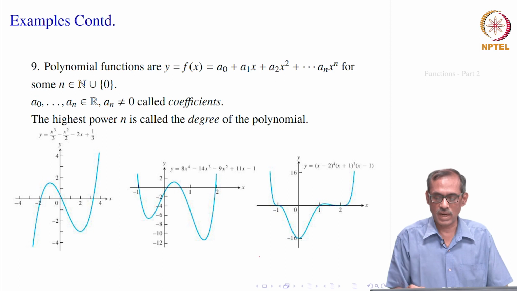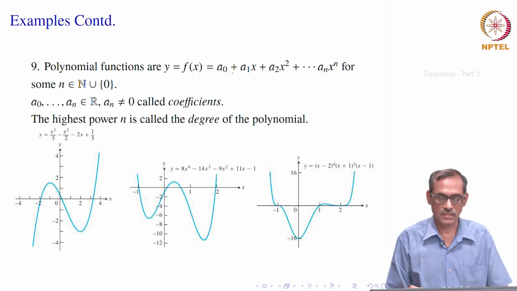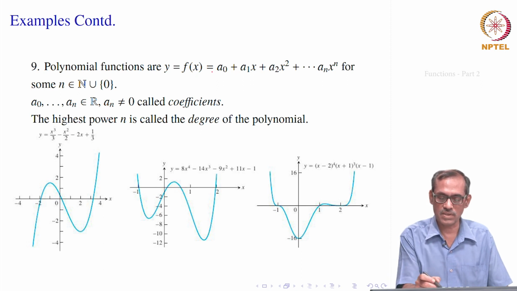So, this is a generic one, where these a0, a1, a2 are real numbers, they are called the coefficients of the powers of x. Now, this n can be 0, so when n is 0, you get the constant function f x equal to a0. If n is 1, you get a straight line y equal to a0 plus a1x, and so on.